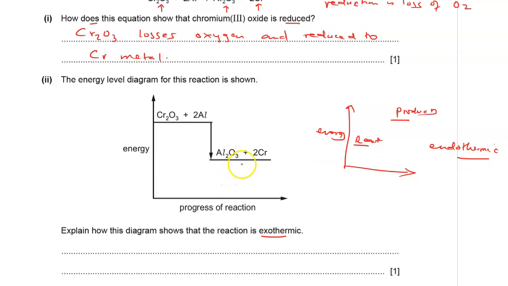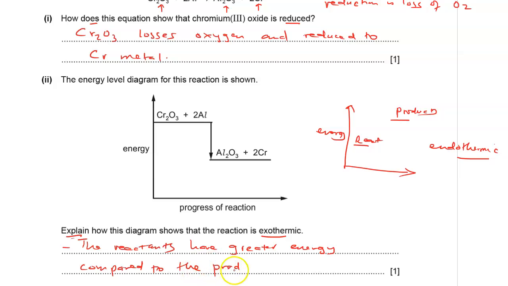But when the products have lower energy compared to reactants, then this is an exothermic reaction. So explain how this diagram shows the reaction is exothermic. You say that the reactants have greater energy compared to the products.